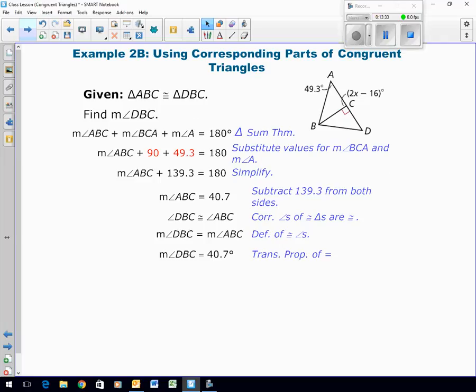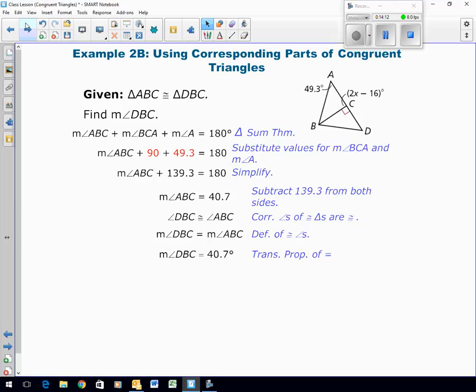Next, I might have something like this. Find the measure of angle DBC. Okay? Just learned this about right triangles. If this angle is 90 degrees and this angle is 49.3, then 90 plus 49.3 plus 10x would have to equal what? 180.